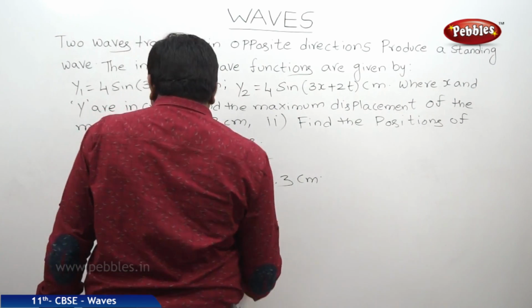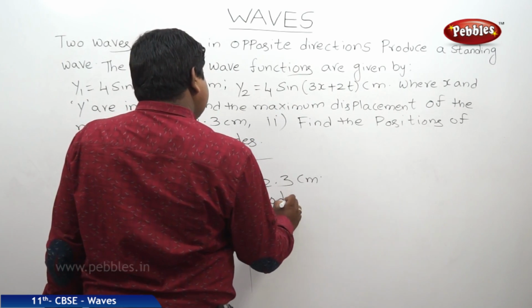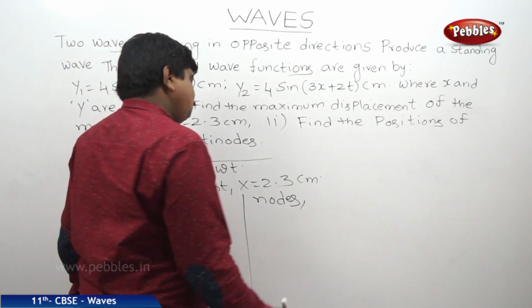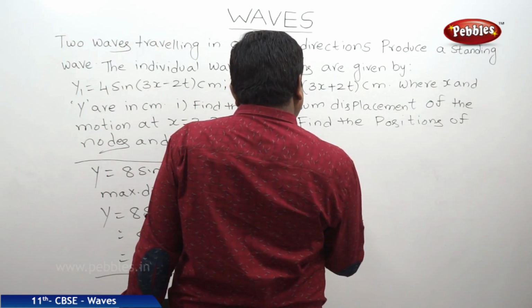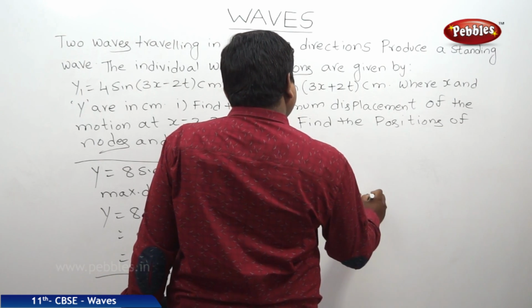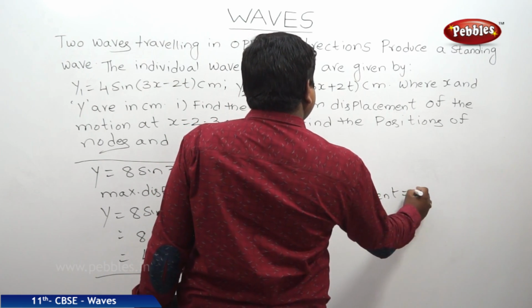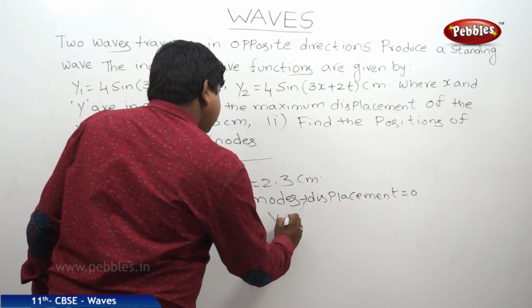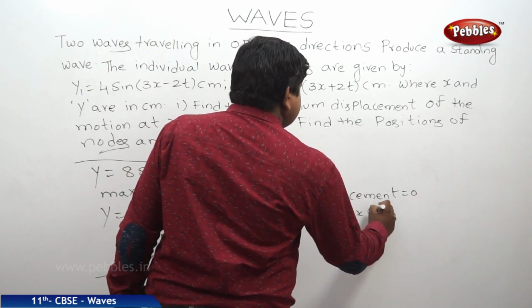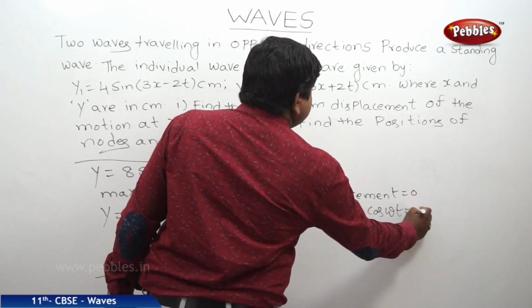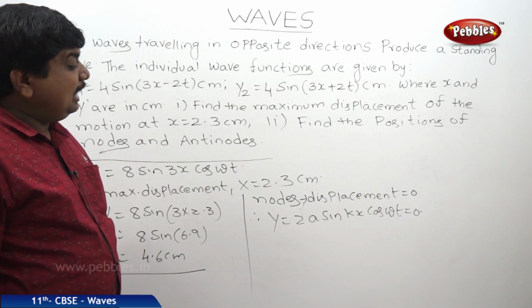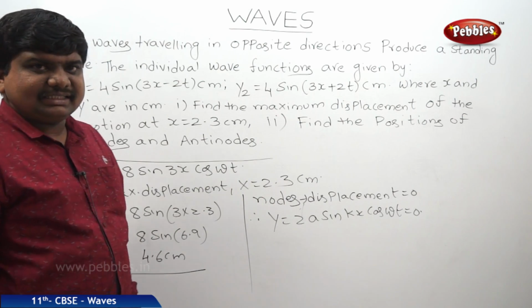Next, we should find out the position of nodes. Nodes means displacement is 0. y = 2a sin kx cos omega t = 0. Cos is 0 at pi by 2 distances.